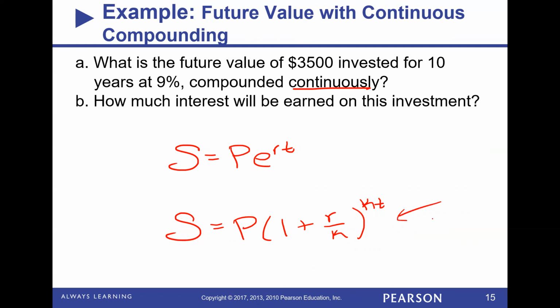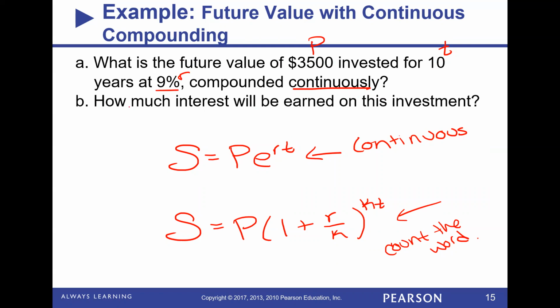This is what you would use if you can count the word. So this one is for continuous. So again, that's where my two different formulas are. So what is the future value of 3,500, there's my P, for 10 years, there's T, and 9%, there's my R. So we have everything we need to plug in here.